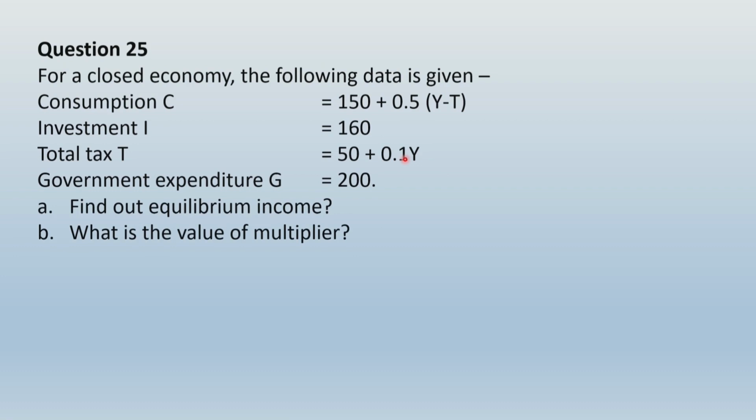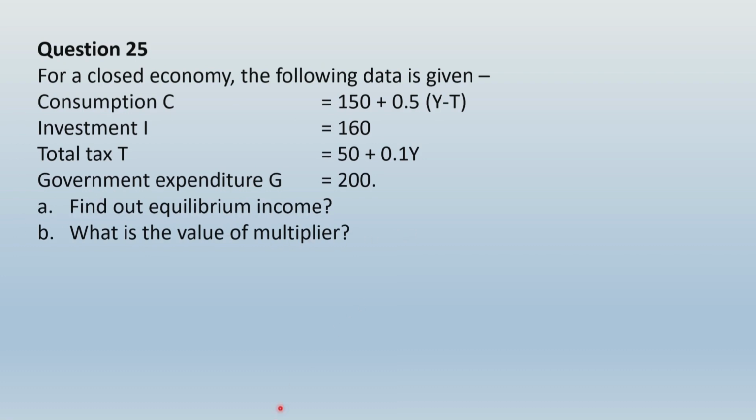However, C over here is dependent on y minus t, and y minus t will require the tax function, and tax function is given as 50 plus 0.1 y. Considering this factor, you just have to work out the overall calculations of equilibrium income, and the question is also asking you the value of multiplier.